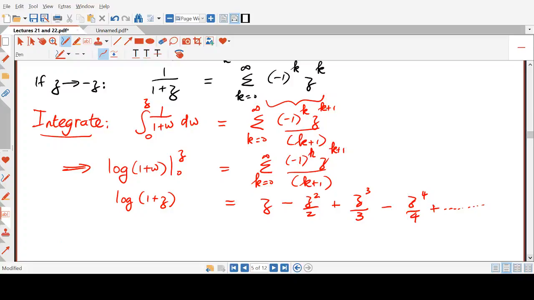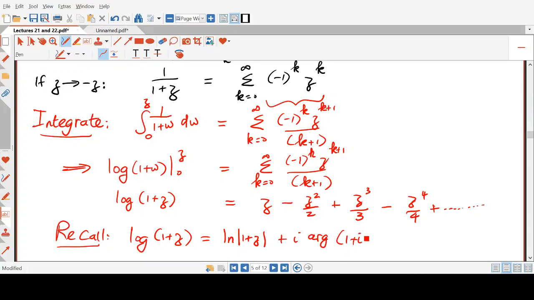Oh, also recall more facts. You see, you put all these things together, they're quite interesting. Log of 1 plus z is a complex number, so it's ln of modulus of 1 plus z plus i times the argument of 1 plus z. But this doesn't tell us much at this stage, so I'm just putting that as an interesting aside.